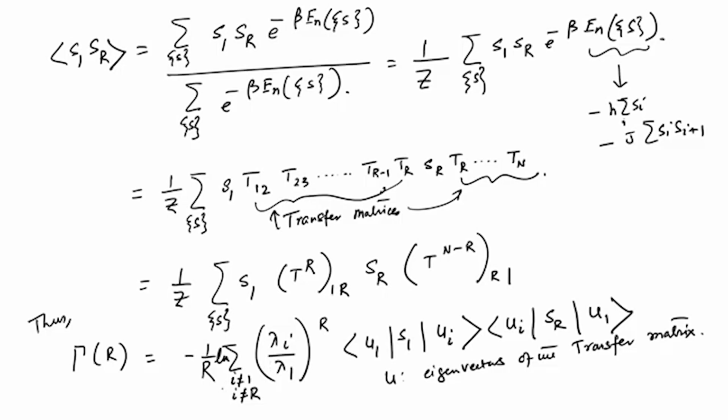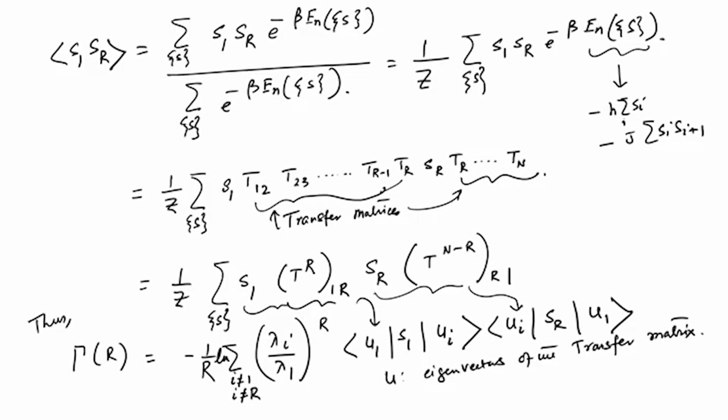You see there is a sum over I. Now, I cannot be equal to either 1 or R. Now, this T to the power R, the 1 Rth element is nothing but this, and this element is nothing but this, and then we have to sandwich these. The second is this expectation value.